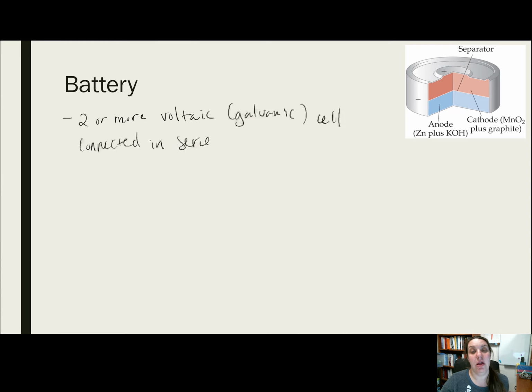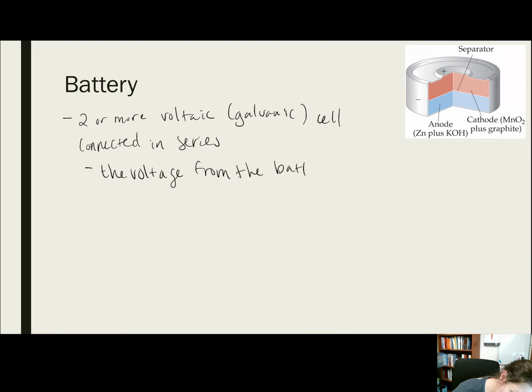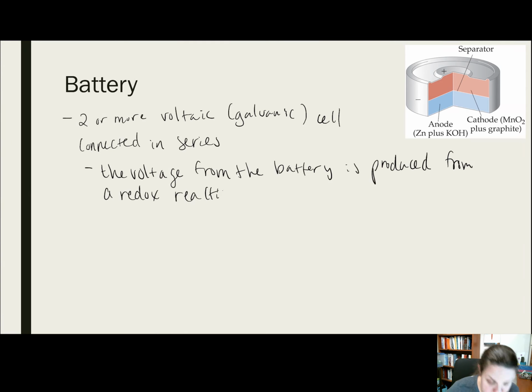The voltage is produced by a redox reaction in the cell itself. We've talked about the fact that galvanic cells produce electrical energy from chemical energy.